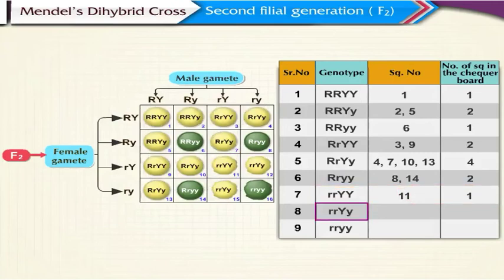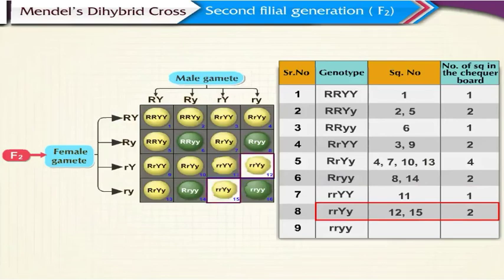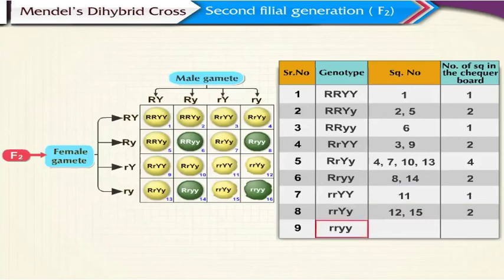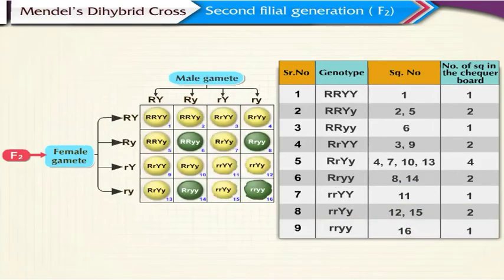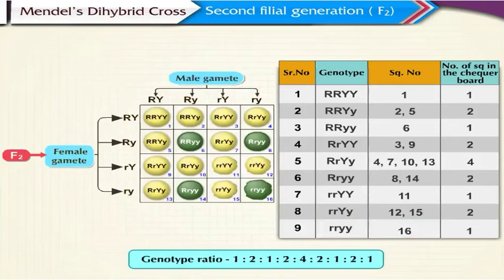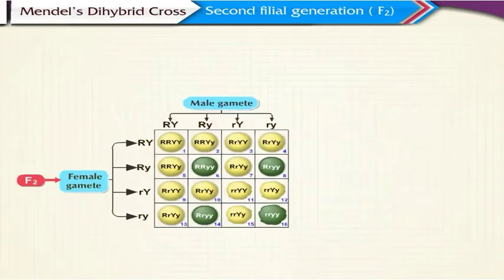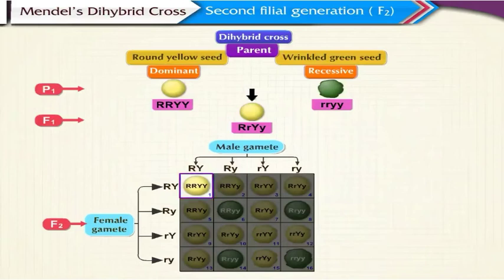Genotype r, capital Y is observed in 2 squares in the checkerboard numbered 12 and 15. While genotype r, y is observed in 1 square in the checkerboard number 16. Thus, the genotype ratio is 1:2:2:4:2:1:2:1.